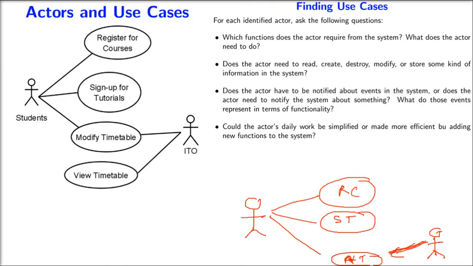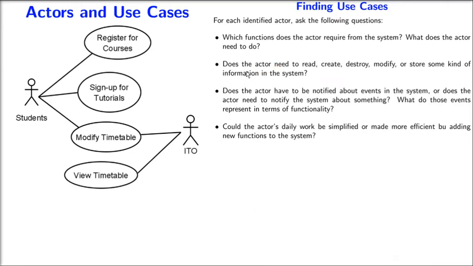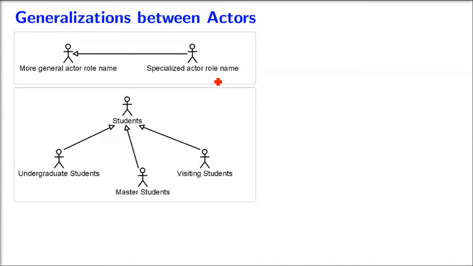If so, add another use case. Why did we add the student for modifying the timetable? Because if they both make it, there will not be any conflict with other teachers, with other classes. These are the questions you need to keep in mind in order to find the use cases.